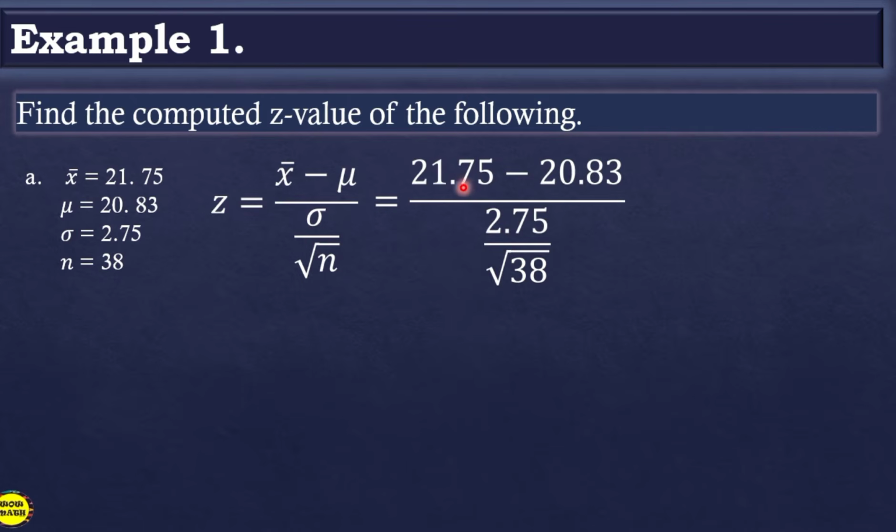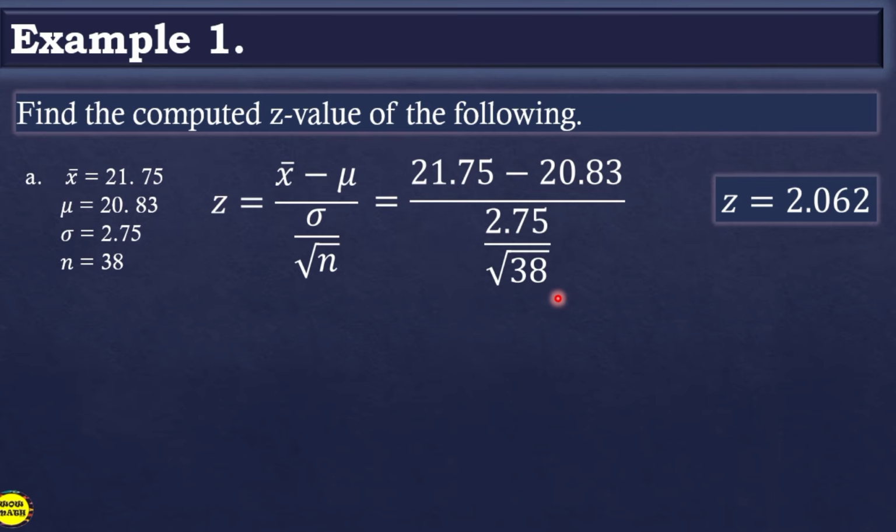You may use your scientific calculator to compute. 21.75 minus 20.83 divided by 2.75 over square root of 38, and that is 2.062.